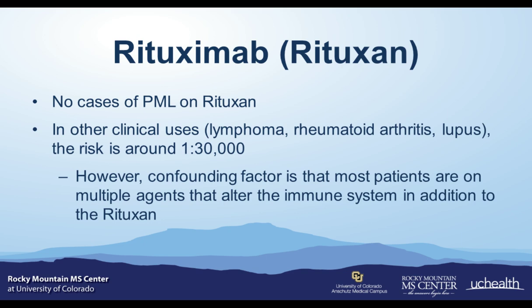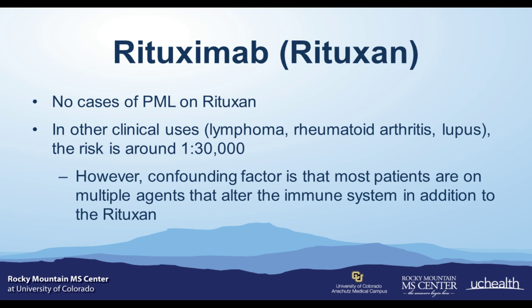Now, there have been no cases of PML in MS patients on Rituximab. However, there have been PML cases reported on Rituximab in other patient populations. The ones that have been reported are typically things like lymphoma, rheumatoid arthritis, and lupus. And we estimate that risk to be somewhere around 1 in 30,000.